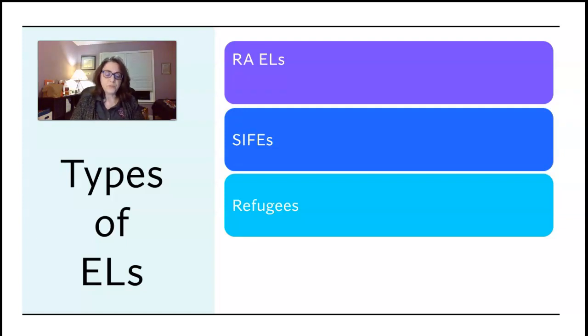With refugees, recent arrivals, and SEI students, they have some similarities. They all need support in learning how to do school in the United States. Most will need support learning routines, cultural norms, expectations of school. They may have some gaps and need to learn basic skills, like holding a pencil or using a pair of scissors.